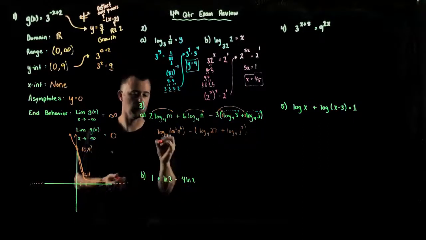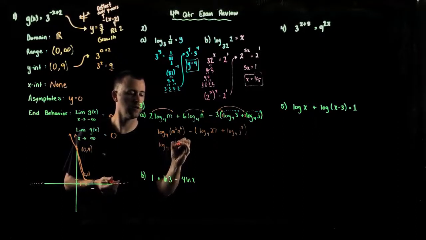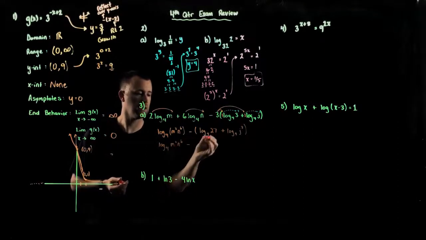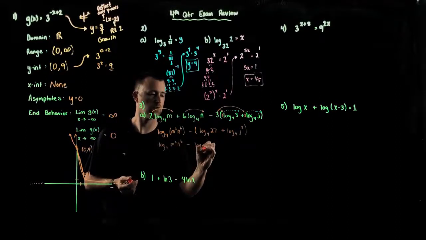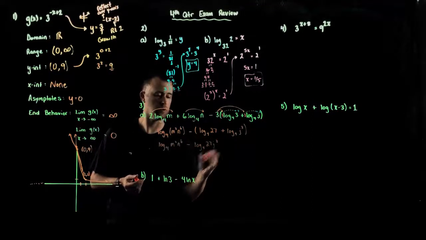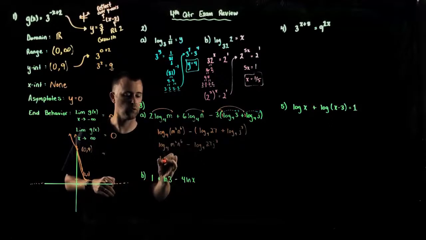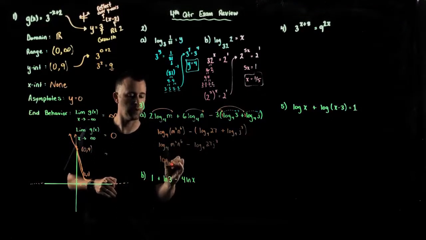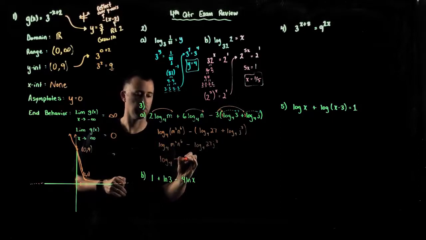So now I end up with log base 4 of m squared n to the 6th minus, and I'm going to combine these, so this would be log base 4 of 27 j cubed. So now we have these 2 logs, they're being subtracted, so when you write this as 1 log, this is log base 4, and then I'm going to now have a fraction, okay?